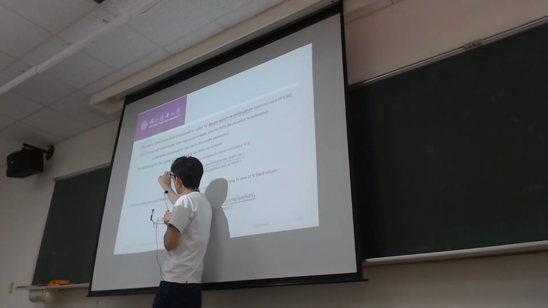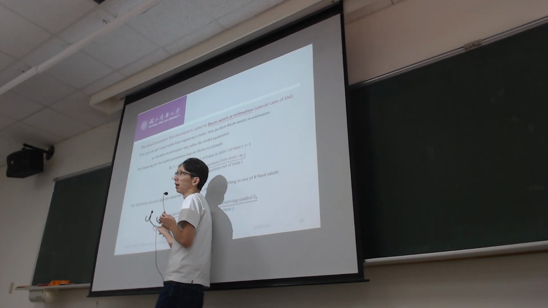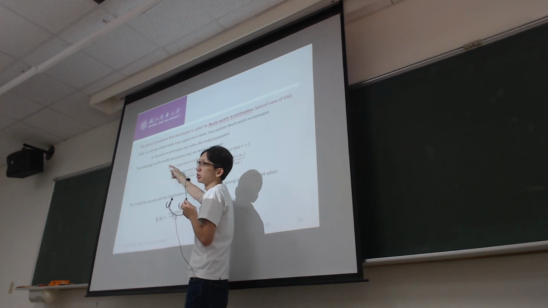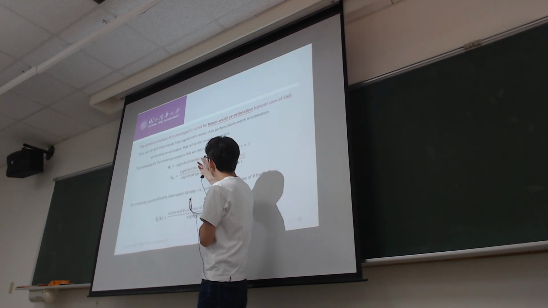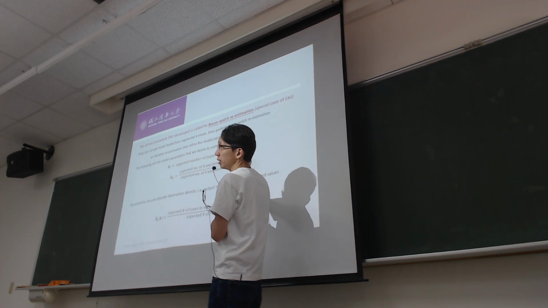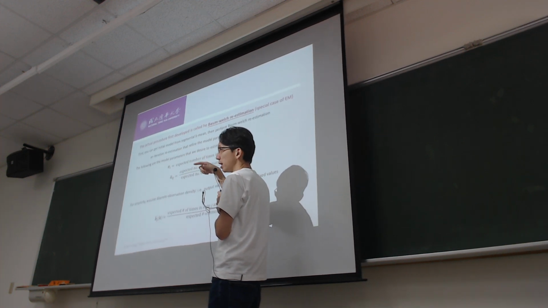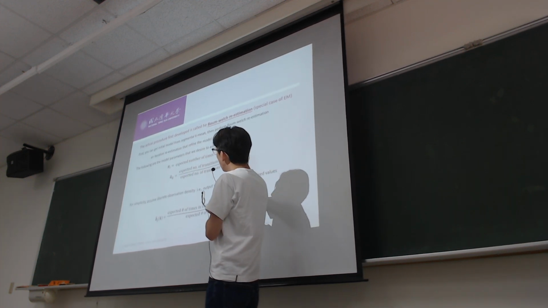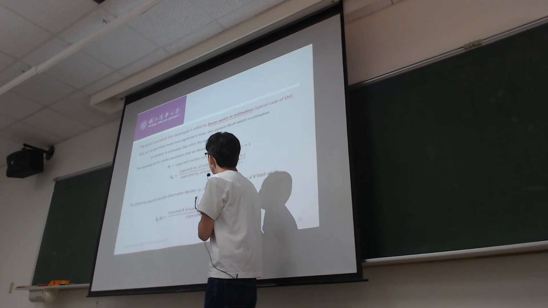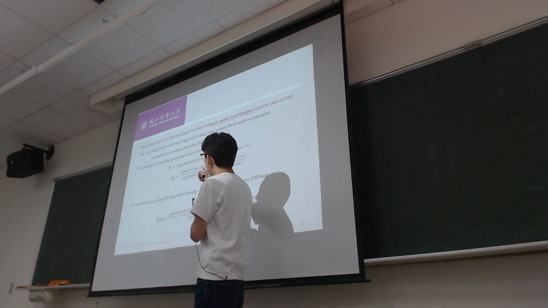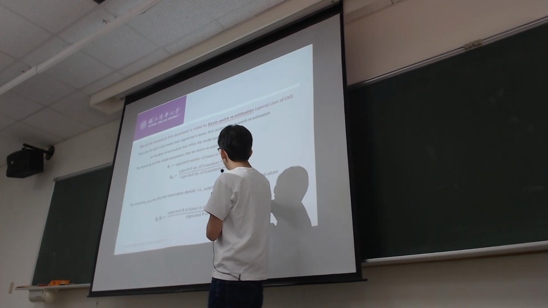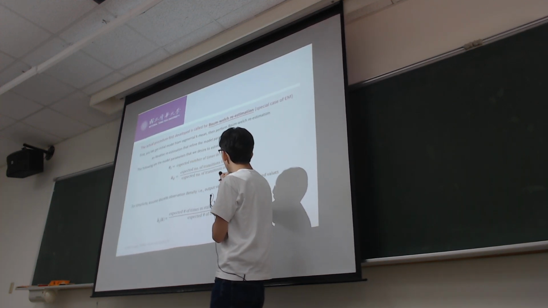We're trying to estimate pi i, a i j, and b j k. Pi i is the initial state probability, so basically we want to find the expected number of times in state i at time t equals 1, as the HMM gets started. Then a i j is the expected number of transitions from state i to j divided by the expected number of transitions out of state i.